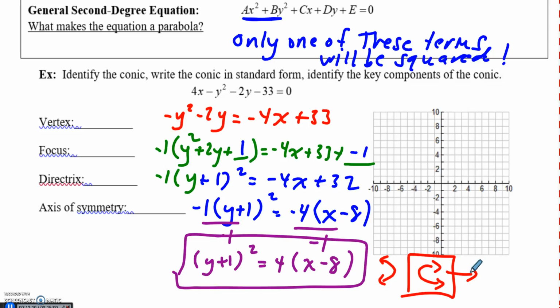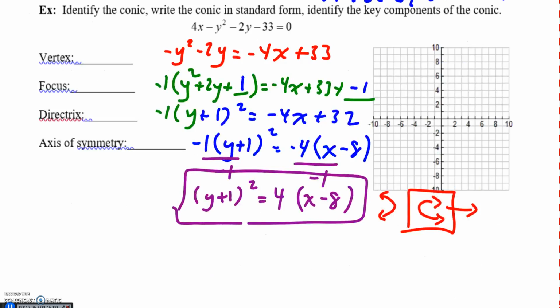So let's start graphing this, shall we? The vertex of this parabola, and be careful about the order here, x comes first, would be at 8, -1. So if I graphed that point, that would be right over here. Everything depends on the p-value again.